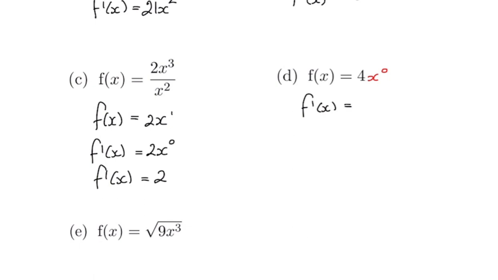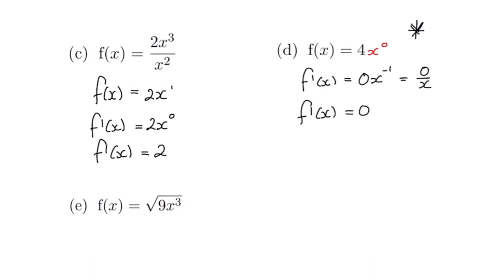Well, 4 times 0 is 0, and then reduce the power by 1, so this gives us x to the -1. Remember, that is 0 over x, and 0 divided by anything is 0. So in other words, f dash of x equals 0. So quite important, this one, that a constant value will become 0 when you differentiate it.